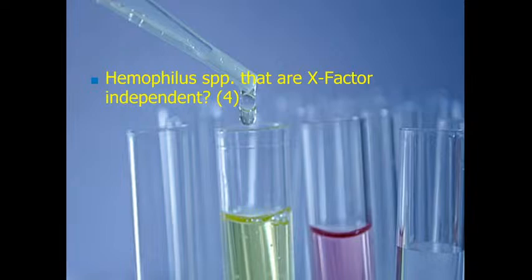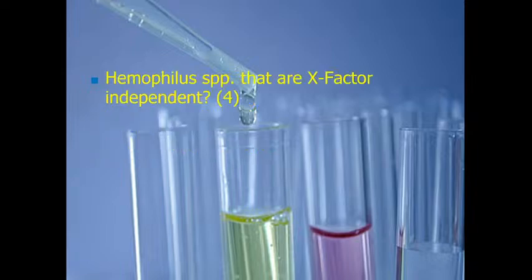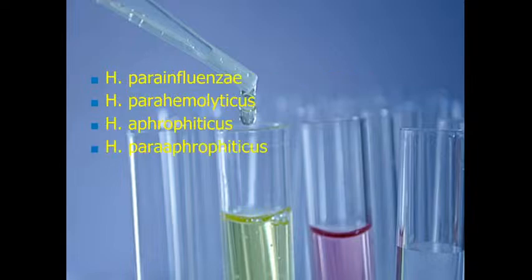There's four. X factor independent, meaning it can grow without X factor: Haemophilus parainfluenzae, Haemophilus parahemolyticus, Haemophilus aphrophilus, and Haemophilus paraaphrophilus. So just remember, if it's an X factor independent Haemophilus species, it includes aphrophilus and everything with para.